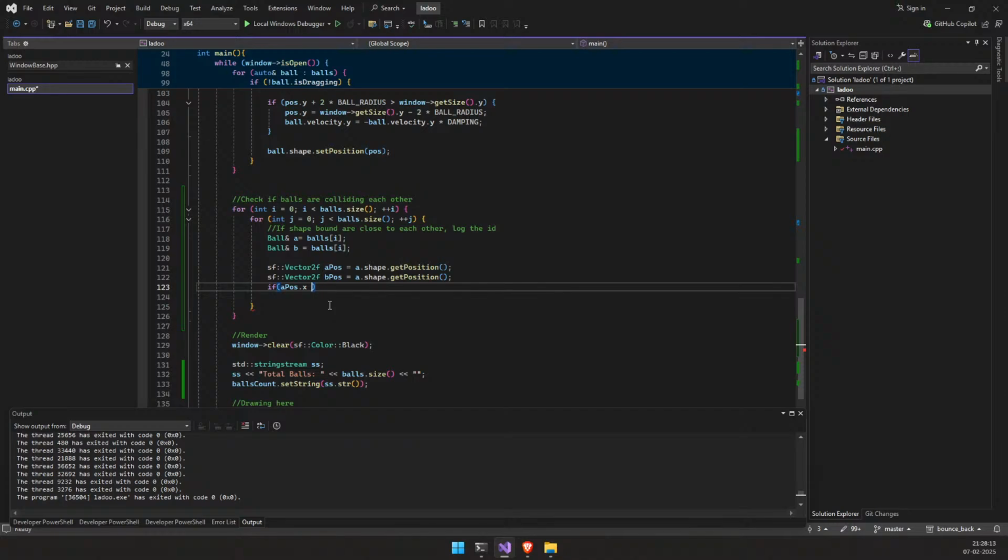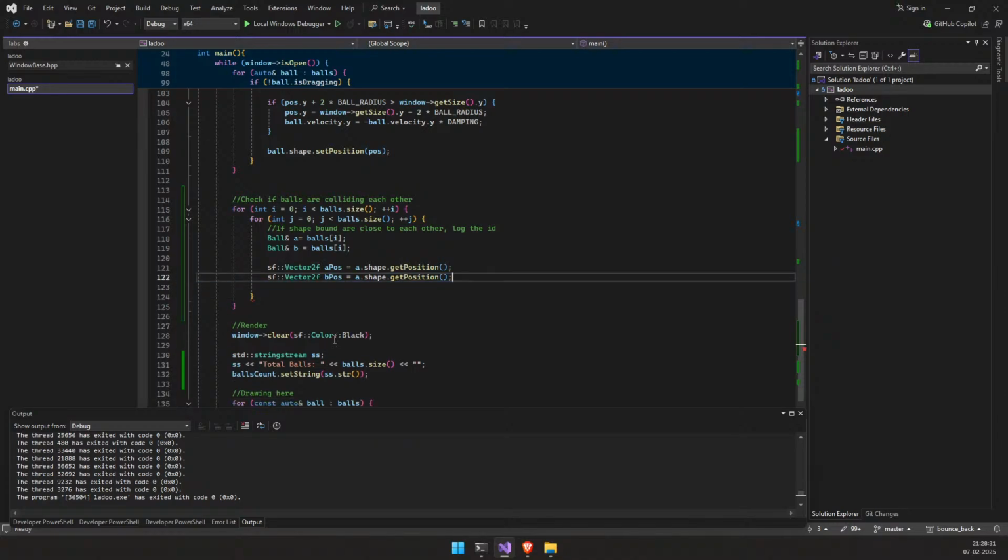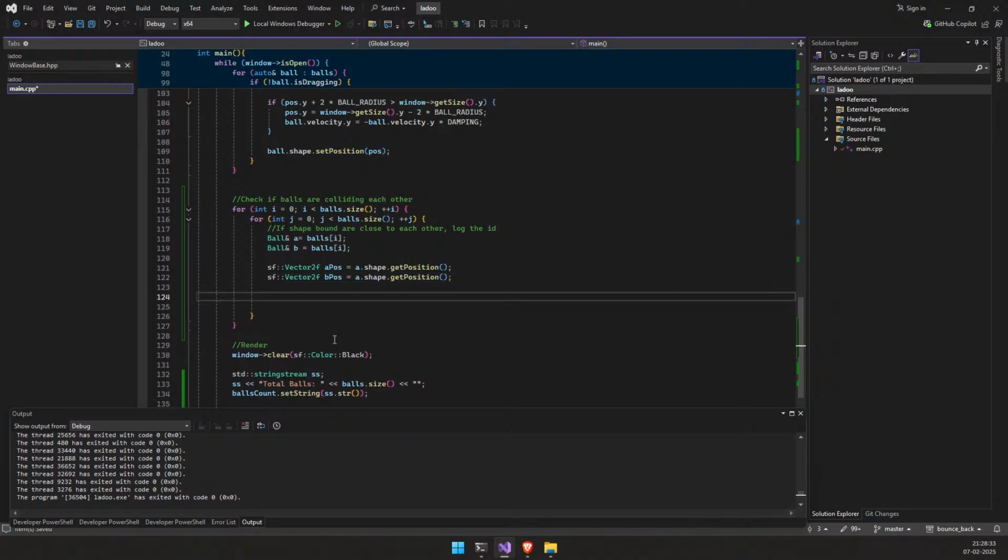If they coincide, like they are colliding, we need to find the distance between them. Right.